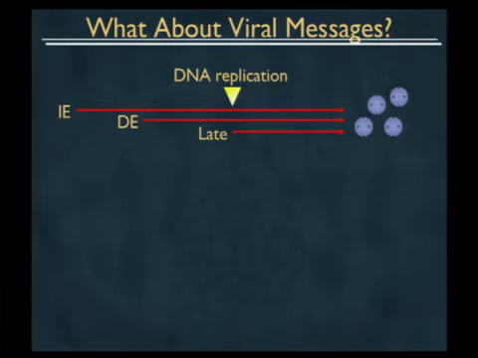So in gamma herpesviruses, you have this cascade of gene expression beginning with immediate early genes right after the virus infects the cell, followed by delayed early genes, which are pre-viral DNA replication, and late genes, which are post-DNA replication. In these viruses, these genes come on with different kinetics, but then basically stay on throughout the life cycle of the virus.